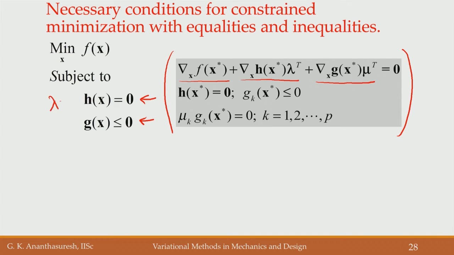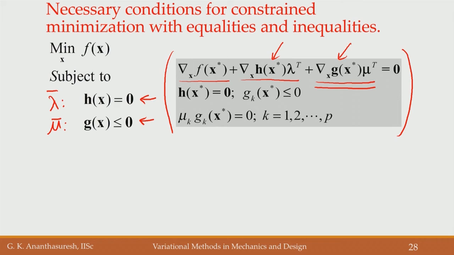Here the corresponding multiplier was lambda. Now, we have defined mu for the inequality constraint. The reason is that whenever g is active, meaning a particular inequality constraint is equal to 0 strictly, that becomes like an equality constraint. Whatever arguments we put in here will also apply here.